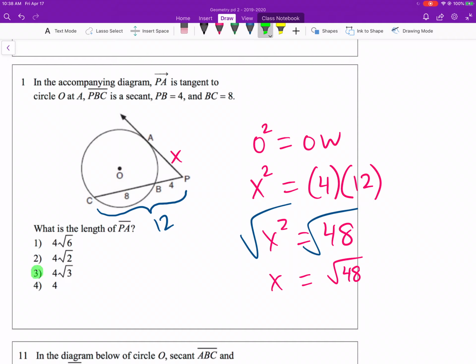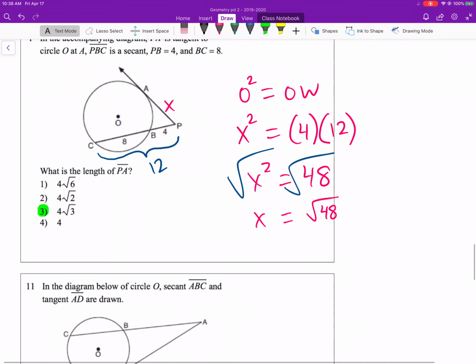But also in the spirit of Algebra 2, where you will need this skill, let's talk about how to solve it. We need the biggest perfect square that divides evenly into 48, so that means you need to know your perfect squares. 1, 4, 9, 16, 25, 36, and then anything bigger than that can't go into 48. So the biggest perfect square that divides evenly into 48 is 16.